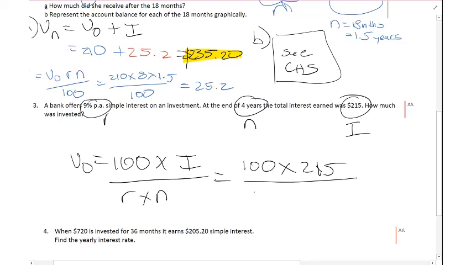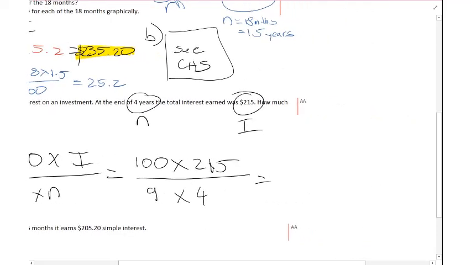Okay. R was 9, remember it's per annum, so per year, times 4. So that will give an answer of 597.22.